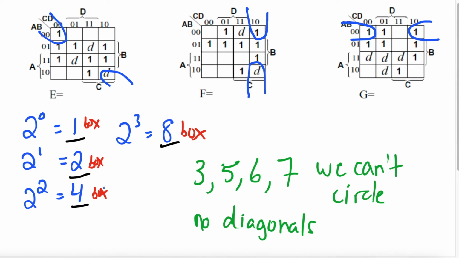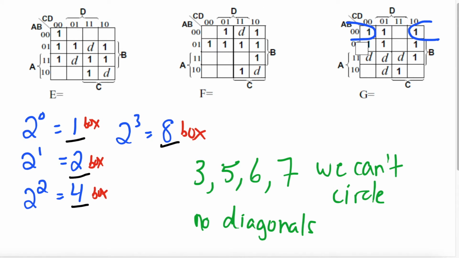Diagonally, we can also circle 4 boxes if there's a 1 in this corner as well as a 1 in this corner, so that we have a 4-corner box, all 4 corners circled. That's how we can circle corners. So knowing that, we can circle either 1 box, 2 box, 4 box, or 8 box. We cannot circle 3, 5, 6, and 7, and we cannot circle diagonals unless it is a corner.